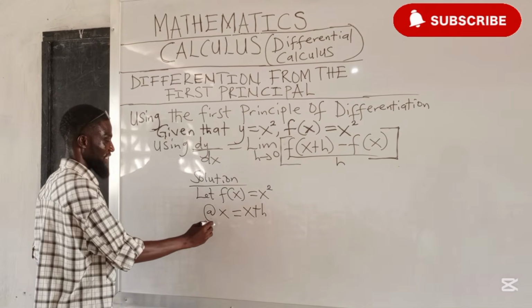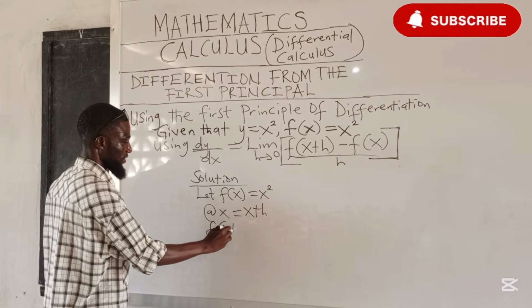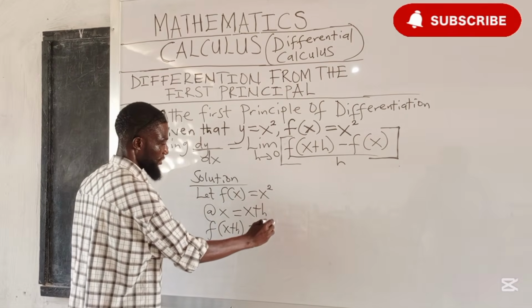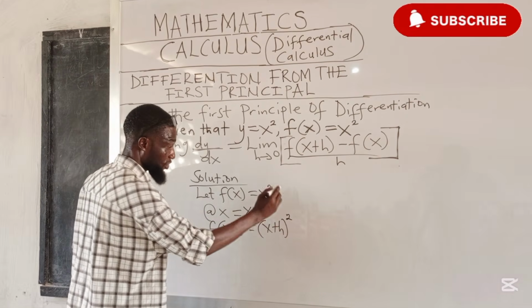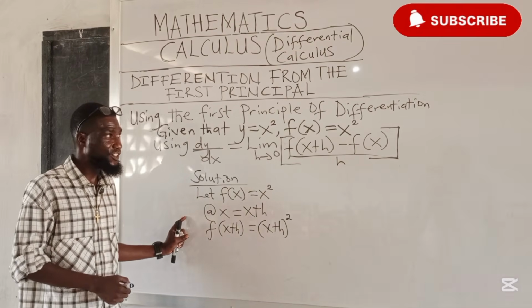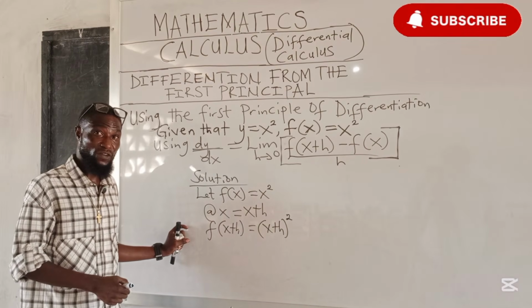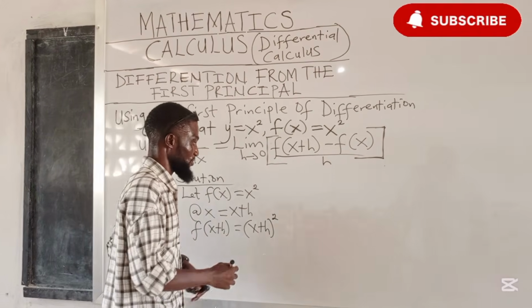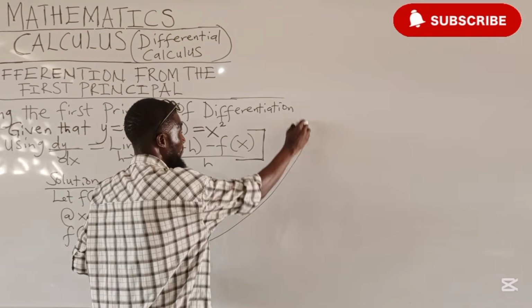In conclusion, we say f of (x plus h) will just be equal to (x plus h) all squared. So ladies and gentlemen, we'll be using this information in order to solve our differential calculus problem. On this note, we'll be taking our mathematical formula.